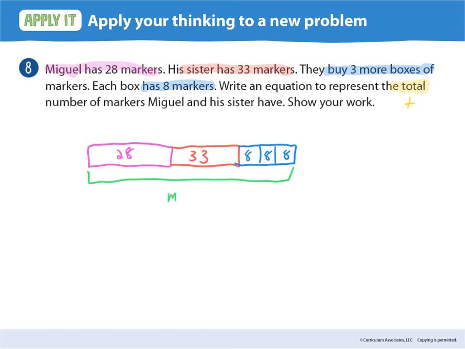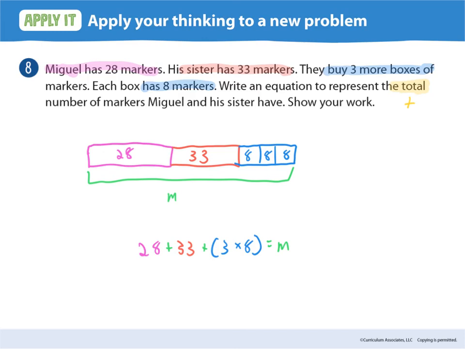Our equation, in this case, we're going to be taking our 28 plus 33 plus, a bunch of adding, 3 times 8, and that is going to equal our total number.